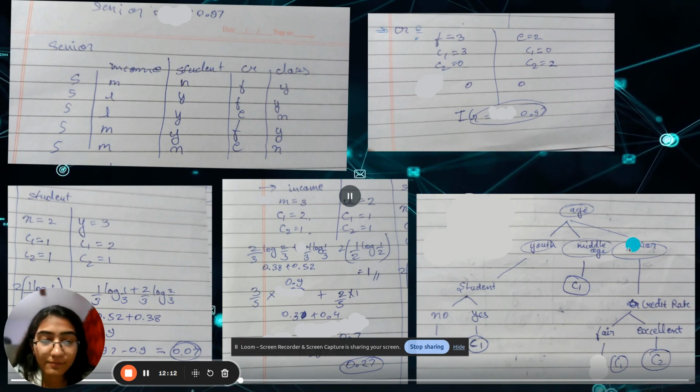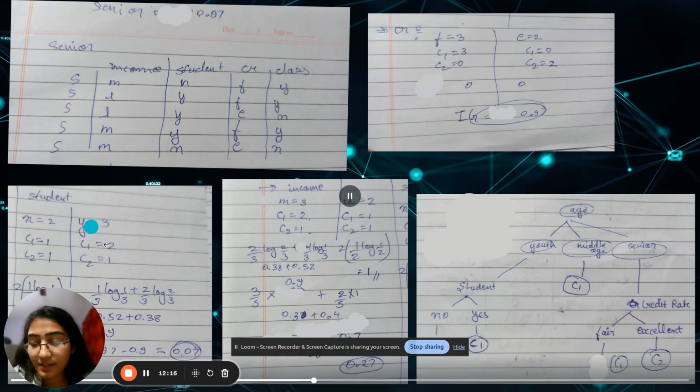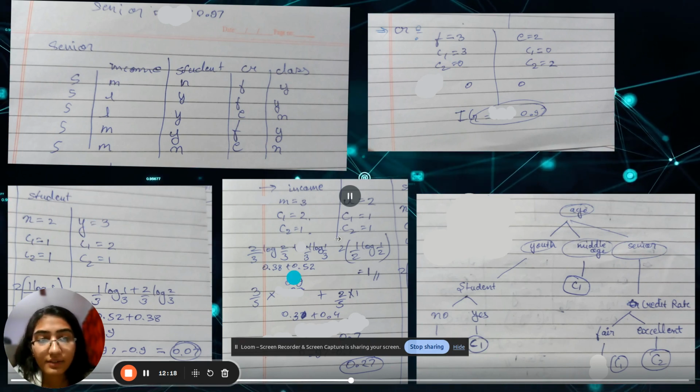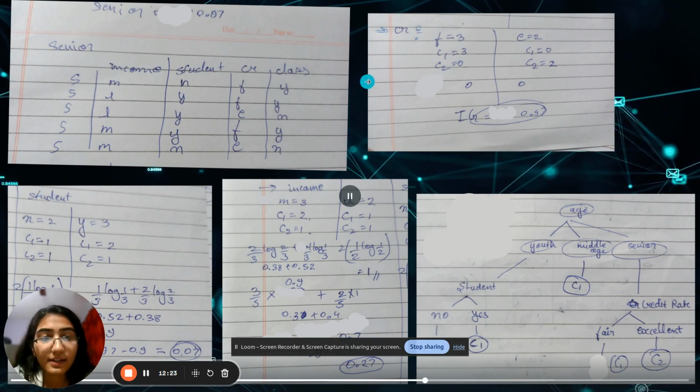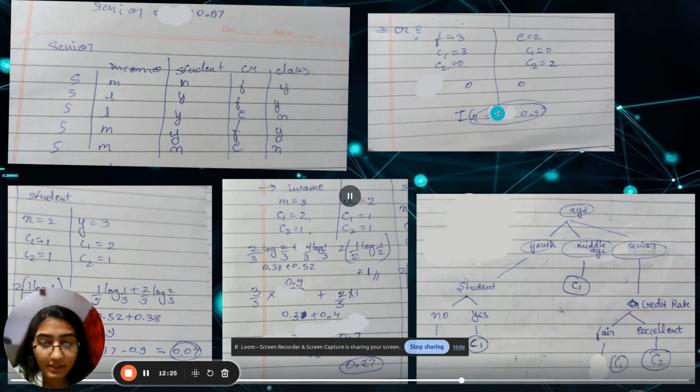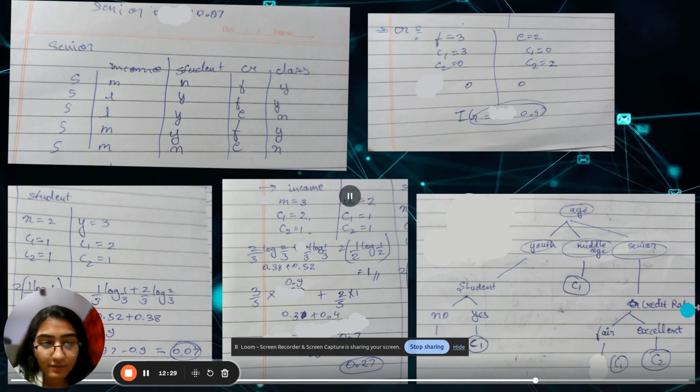For senior, to find out for senior, we will make again senior table, then calculate information gain for each one of that. And after calculating information gain, we will find out that credit rating has highest information gain. So this will be our next node for senior. So this will be credit rate.